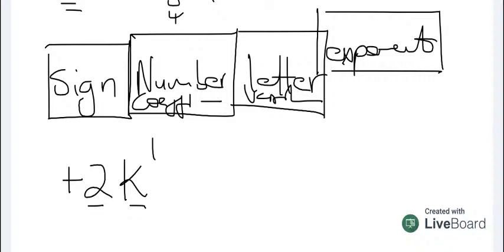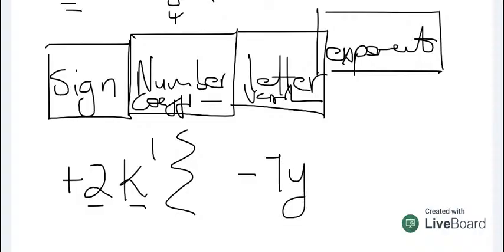So another term, let's say we have negative 7y. The interpretation of this will be that negative is the sign, then the coefficient, or the number, is 7, the letter or variable is y, and the exponent is an invisible positive 1.